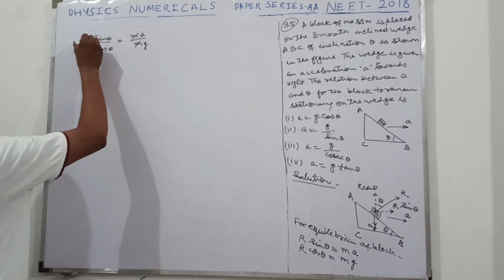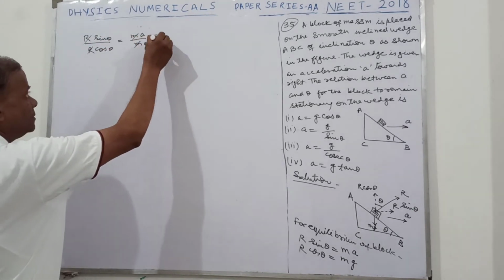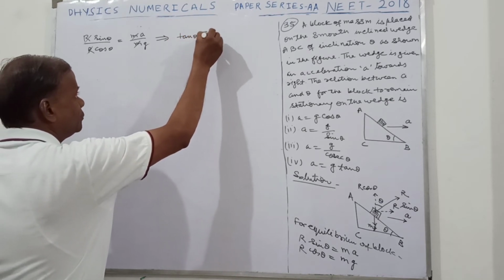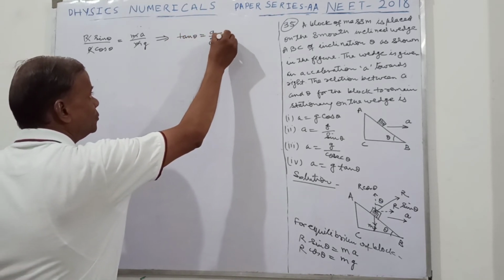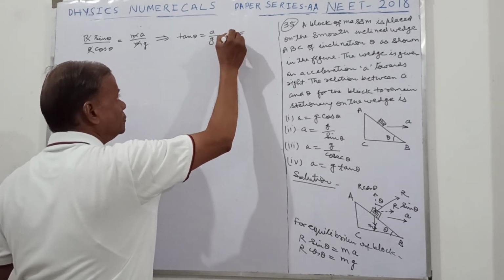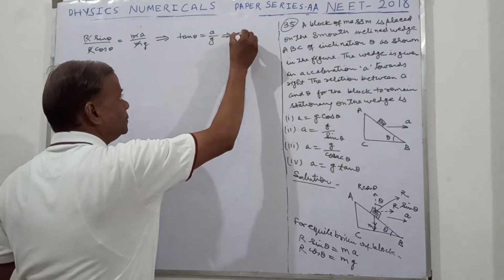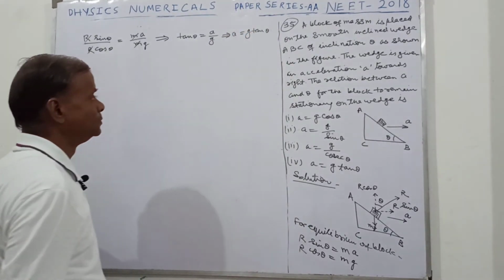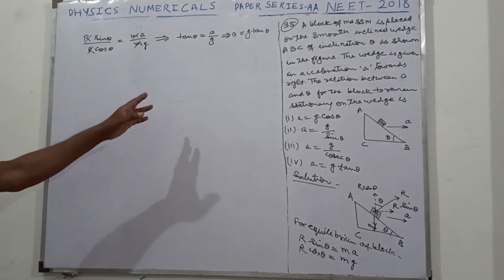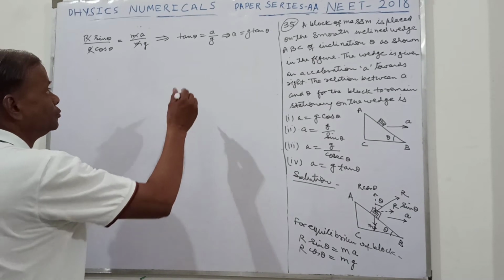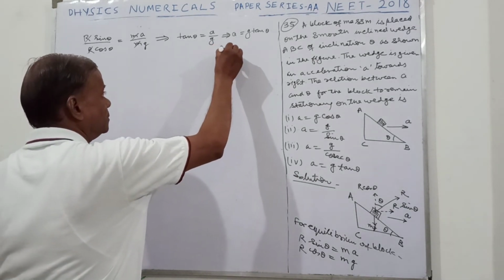The m cancels, R cancels. So tan theta equals A upon g, or A equals g tan theta. So the right option is the fourth one. Our answer is fourth.